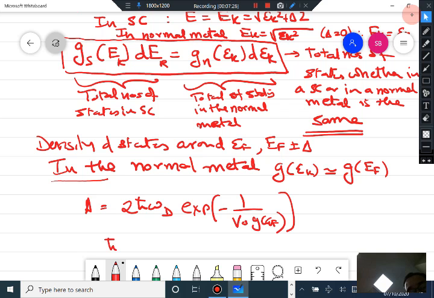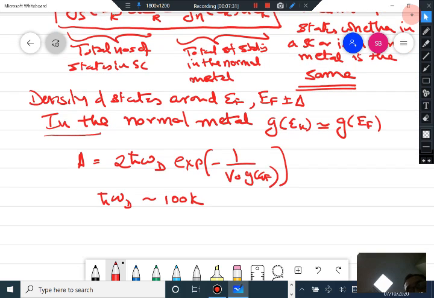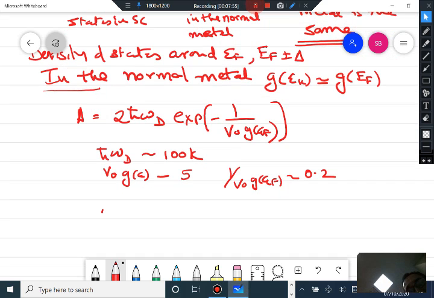Now if h cross omega D is of the order of 100 Kelvin, which is typical for many materials, that is, the energy range associated with the Debye frequency is of the order of 100 Kelvin, and V naught G of EF is, let's say, of the order of 5, or 1 by V naught G of EF is of the order of 0.2, then delta, if you calculate using the above, will be of the order of about 4 Kelvin.